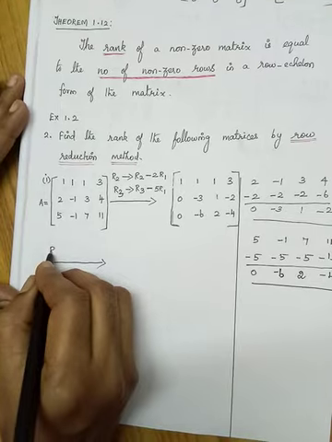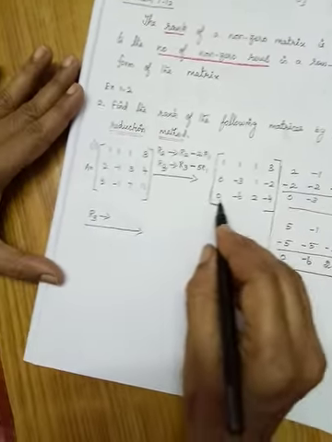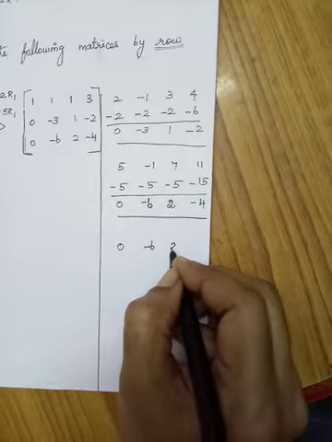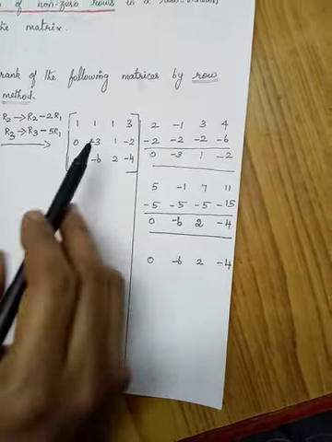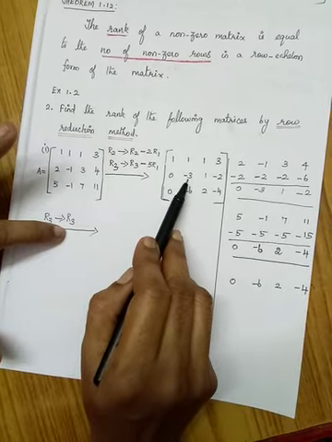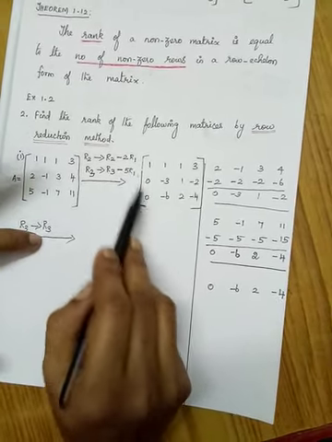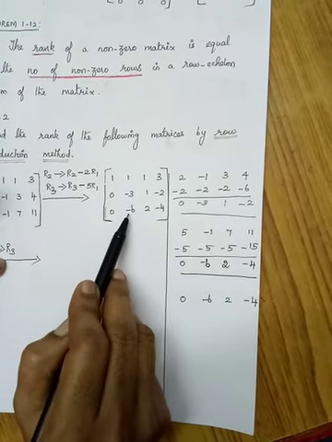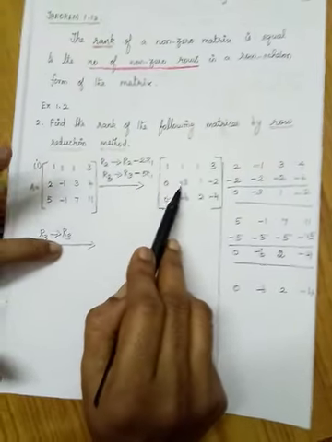Which row is transformed? R3. So first I am going to write the R3 elements in the rough work: 0, minus 6, 2, minus 4. This transformation has to be done with R2. You should not go for R1, because if you do it with R1, these elements will be changed. So to make this element 0, you have to do the transformation with R2.